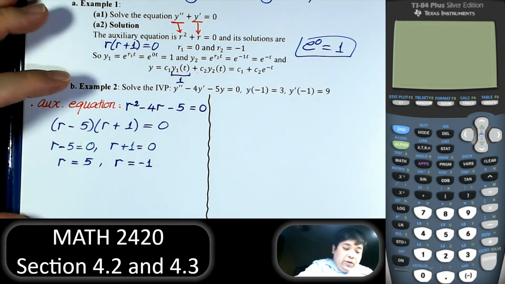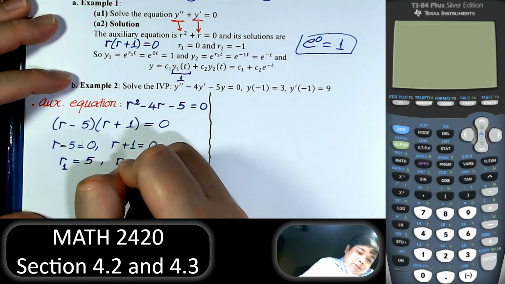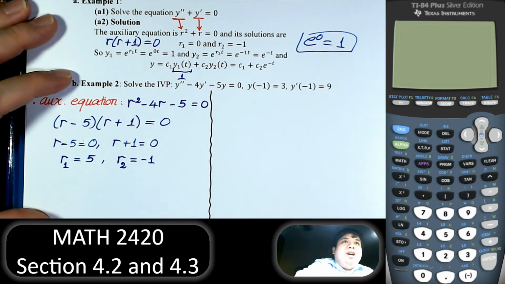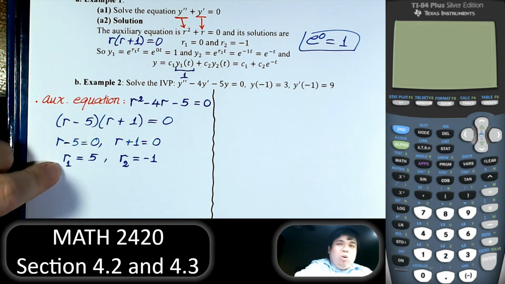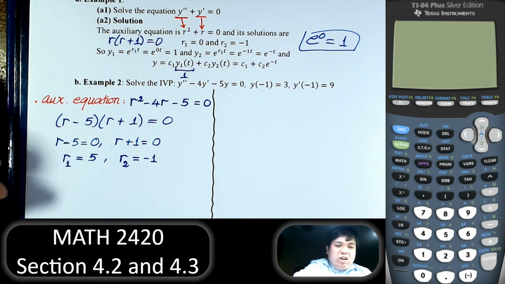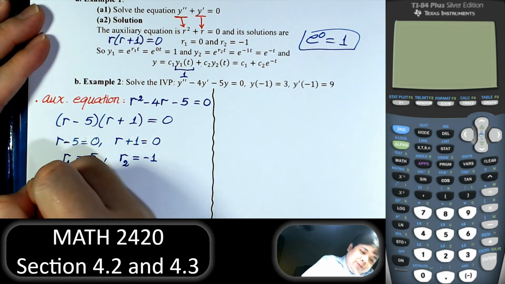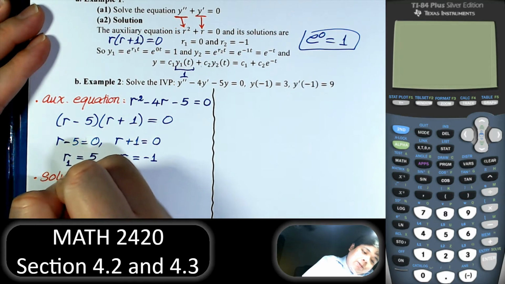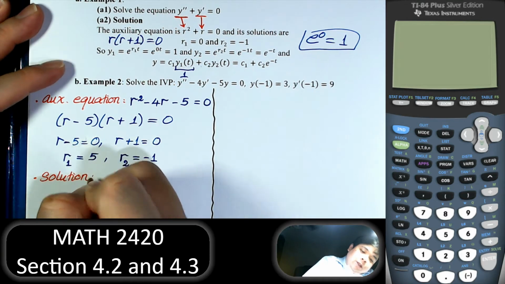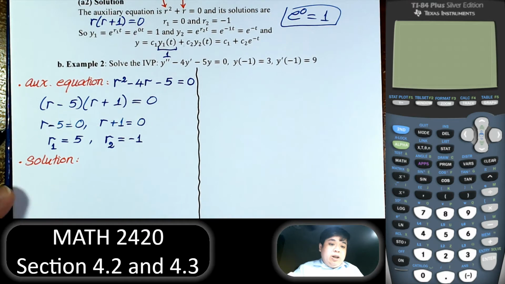And since they are different, let's say r1, r2. Right. Of course, if you call this r2, that one r1, perfectly fine. Right, so we have that. Next, we write the solution. So these are two real distinct solutions.